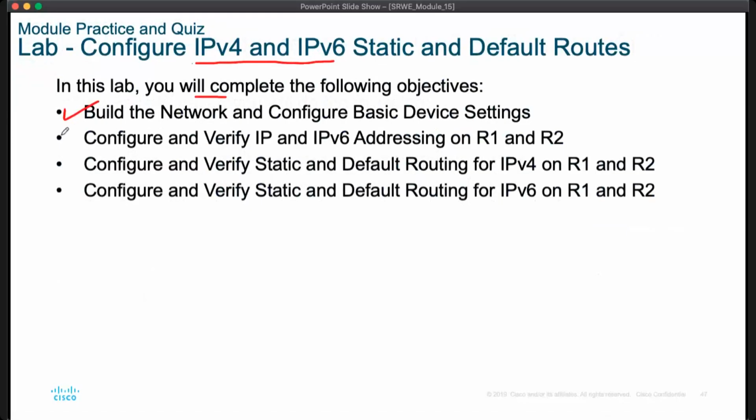Configure and verify IPv4 and IPv6 addressing on R1 and R2. After that, configure and verify static and default routing for IPv4 on R1 and R2. Finally, configure and verify static and default routing for IPv6 on R1 and R2.